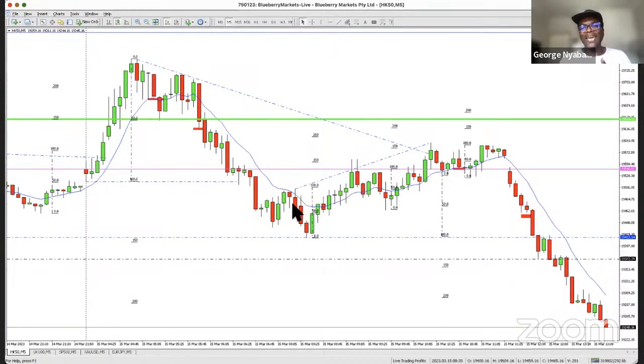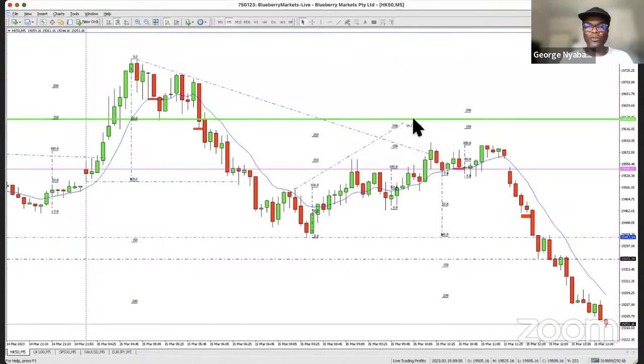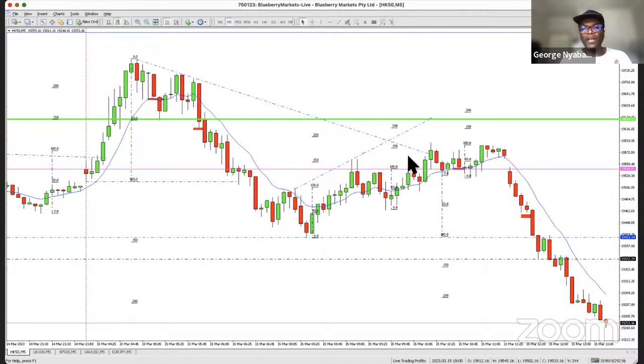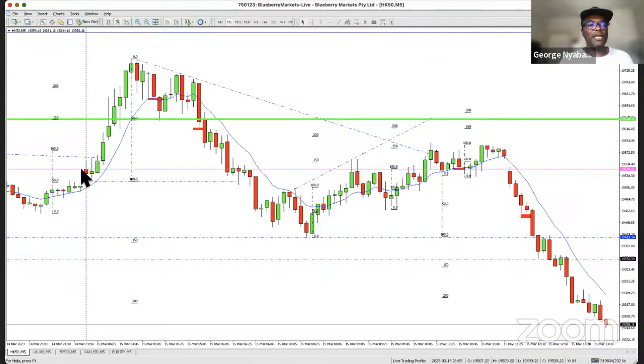So now we have another attempt. At that stage, I drew the line like that, connecting these highs, and I'm thinking, well, we might get a wedge up to here. Then when we had the bulls trying to break out above this magenta line, which is the high at the open of the day, you can see it here, there's the open of the day.